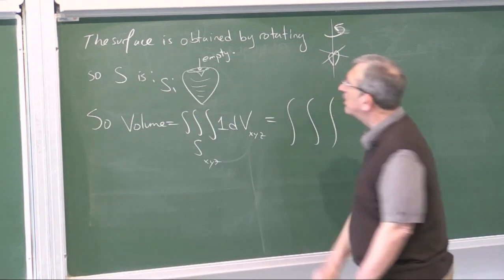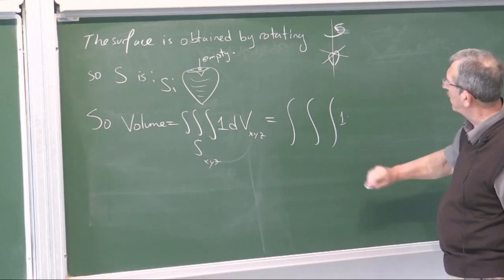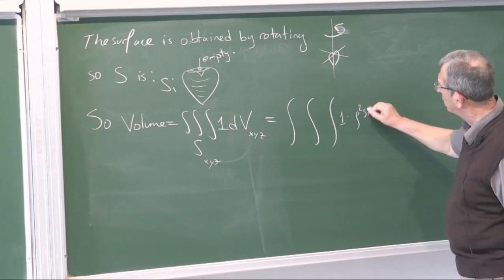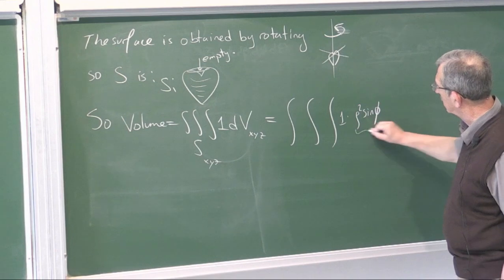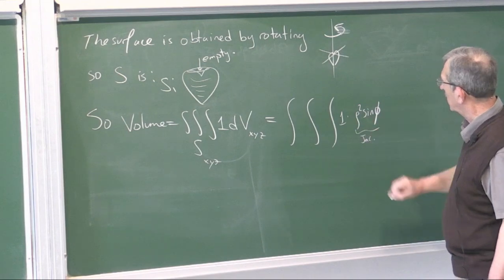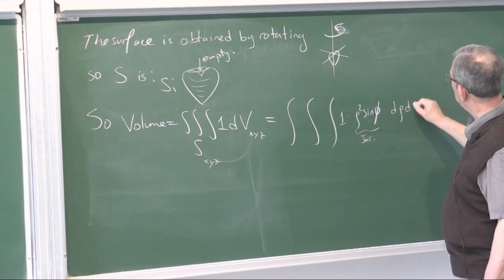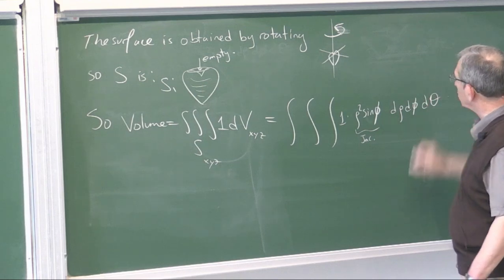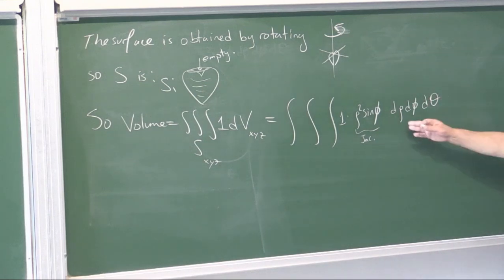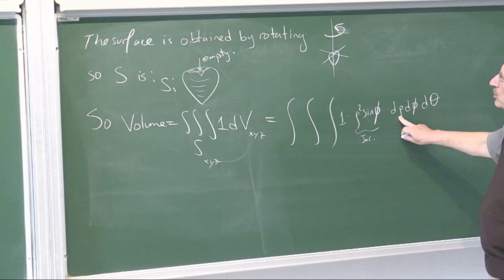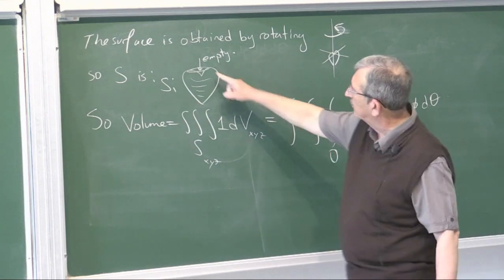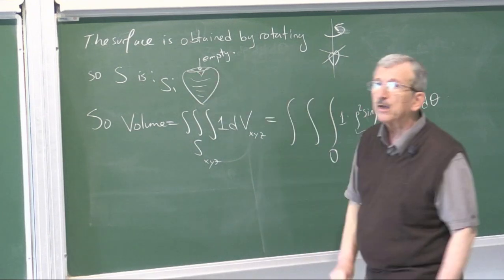Now in spherical, we have 1, and of course we have the Jacobian, d rho, d phi, d theta. Now what do we have here? Well, firstly, rho changes from 0, the origin, up to the cardioid.